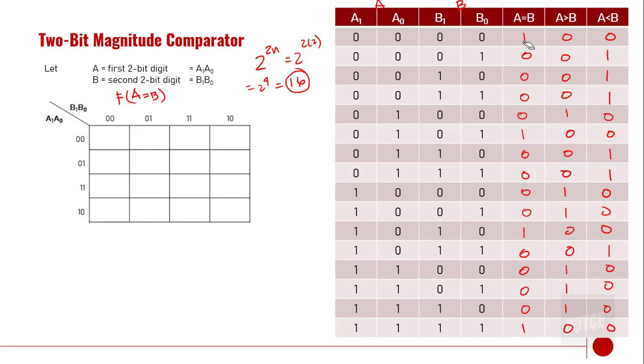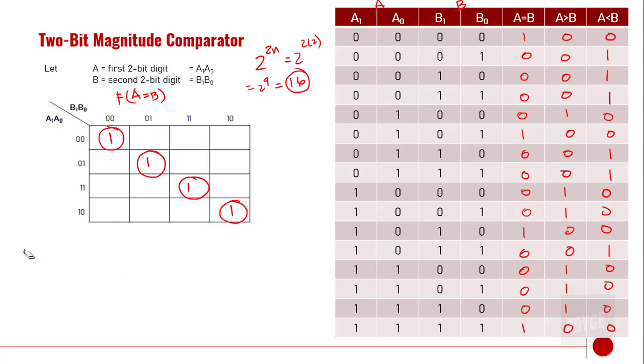So kung min terms ang tinitingnan natin, so that would be 0, 0, 0, 0. Next is 0, 1, 0, 1. 1, 0, 1, 0. Tsaka 1, 1, 1, 1. Okay, so mapapansin nyo, diagonal siya. Wala naman tong ibang grouping na magagawa. So we can already get the expression here. So ang grouping nito is paisa-isa lang.